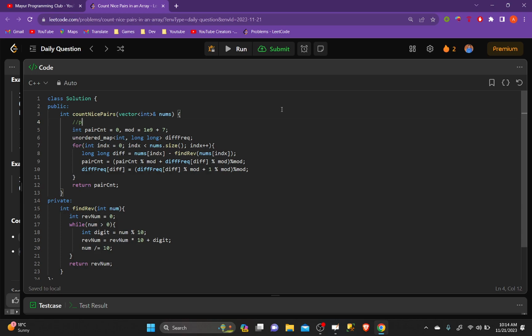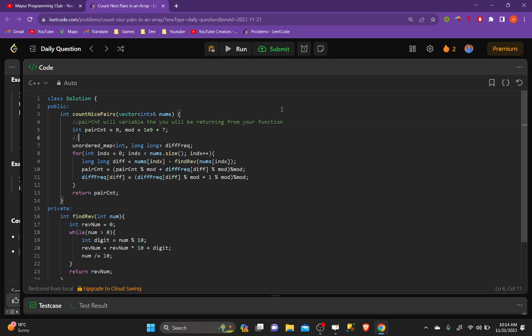So pair count will be the variable that you will be returning from your function. Okay, and then difference frequency will be the number of times you have seen a particular difference.